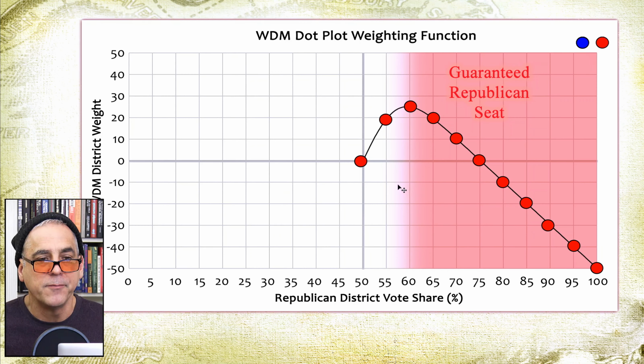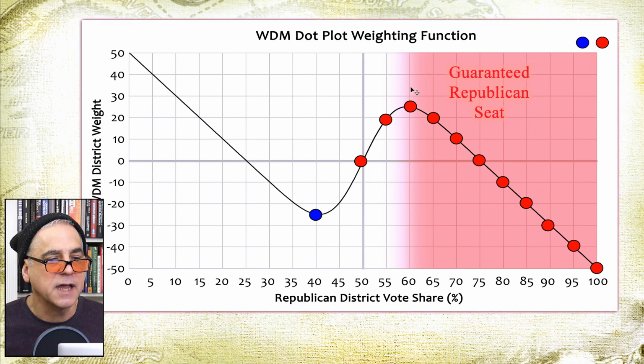Now, what about districts over here won by Democrats, as districts where Republicans have less than a 50% vote share? A 40% district is made up of 60% Democrats. Since a 60% Republican district has a plus 25 weight, this 60% Democratic district gets a negative 25 weight as it benefits Democrats to the same extent.